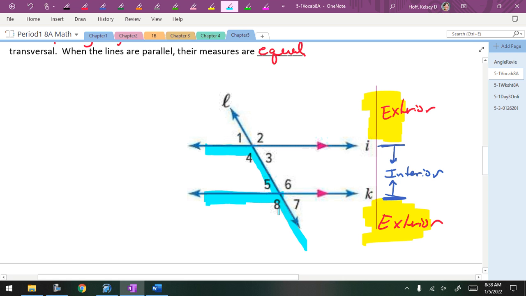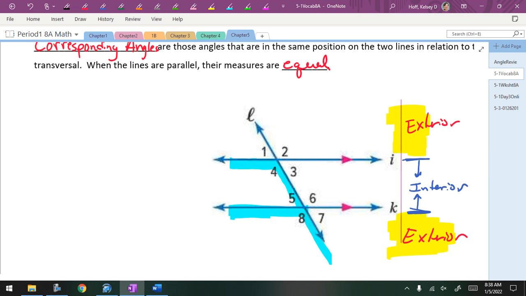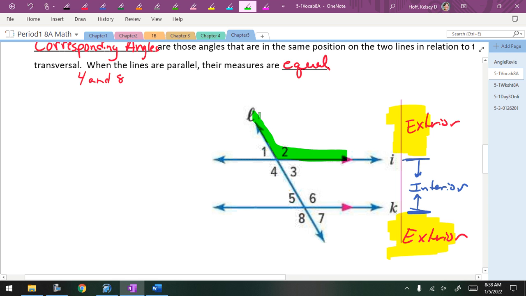Okay, so let's write that. This one's going to have a lot of options here. 4 and 8. Shh, hold on. If you see it, that's fantastic, but not everybody else will. Okay? I'm going to go and highlight angle 2. Nobody say it out loud. But we look where angle 2 is.